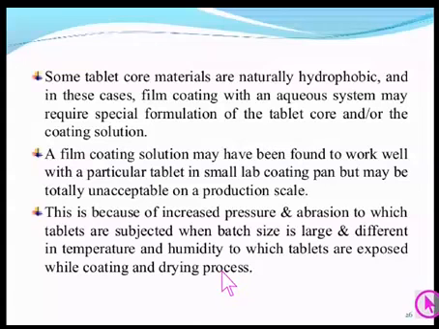This is because in large scale manufacturing we have to handle large quantities, so when we are charging the bed of tablets into the coating pan, the weight of the tablets is exerted.